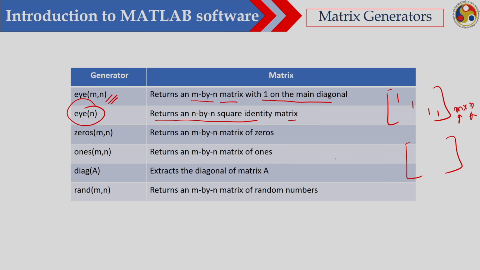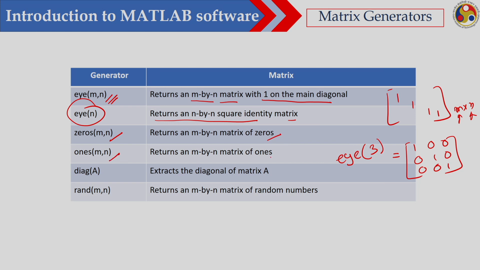Suppose if I write eye and this is 3, okay, eye 3. So, it will generate 1 0 0 0 1 0 0 0 1. Now, as I have shown you, I can write zeros. So, it will create an m by n zero matrix.